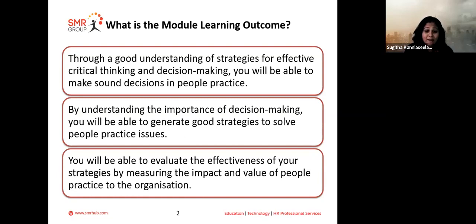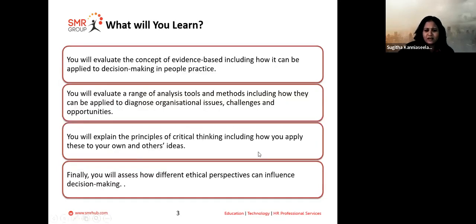So we're going to look a little bit at that, all right? And then by looking at the importance of decision making, you can generate good strategies to solve your people practice issues. And finally, you can evaluate the effectiveness of your strategies by looking at impact and value of people practice to your organization.